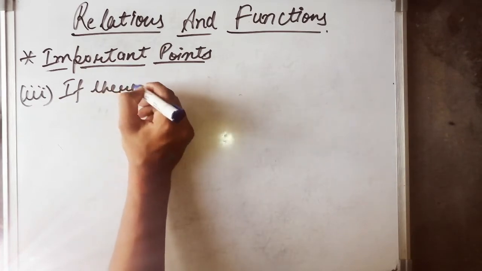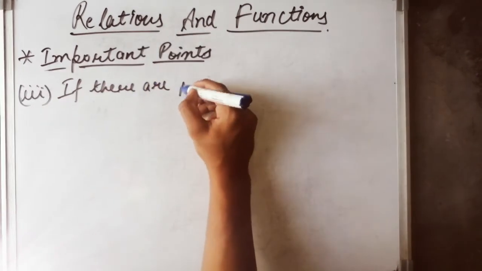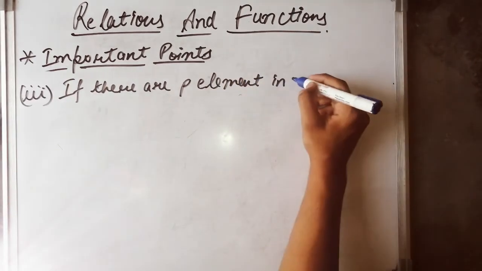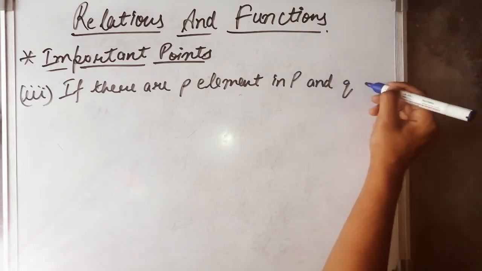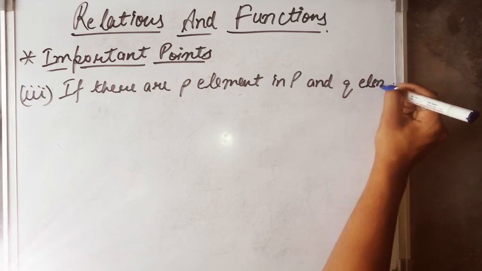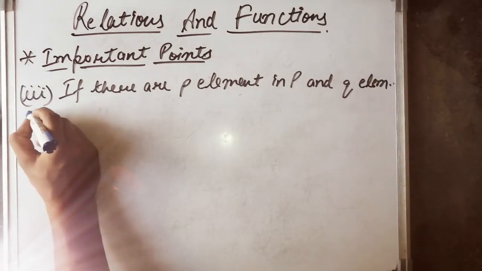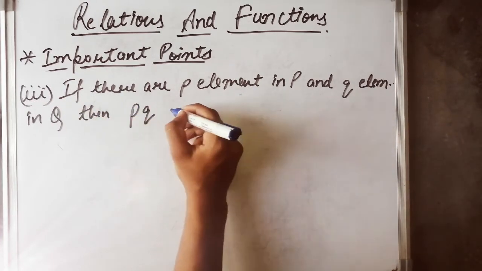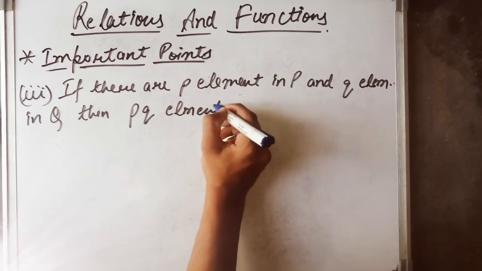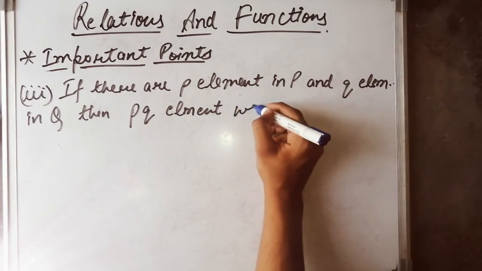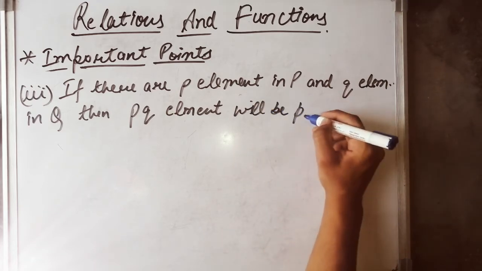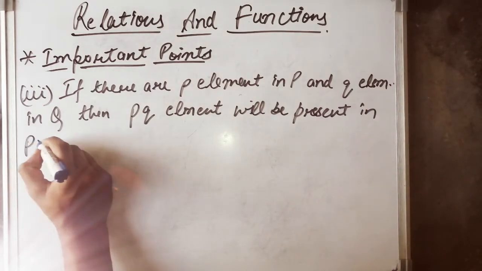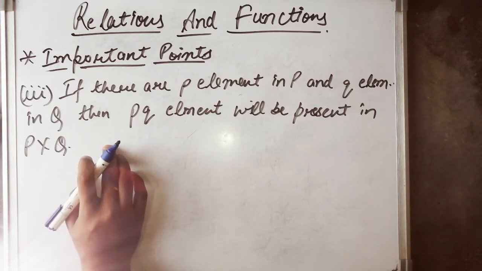If there are p elements in A and q elements in B, then pq elements will be present in A cross B.